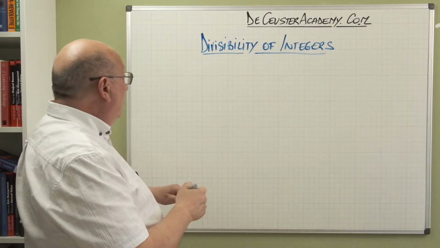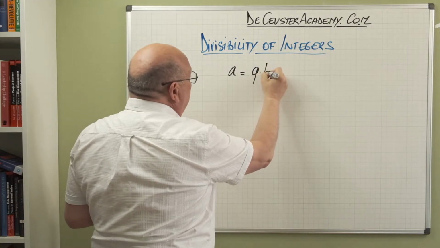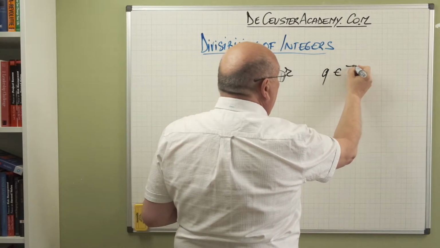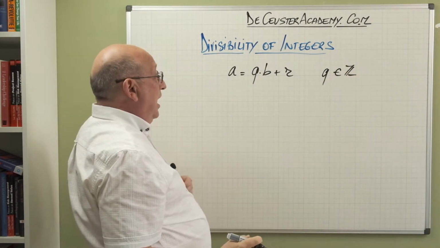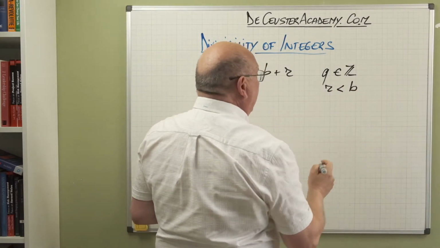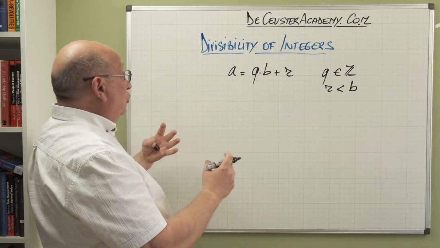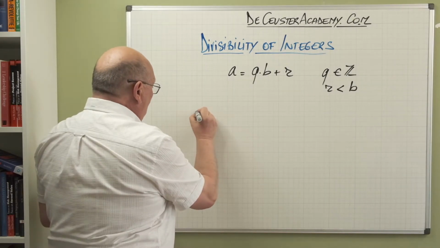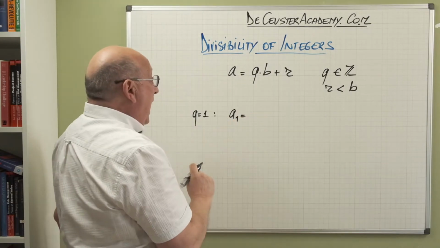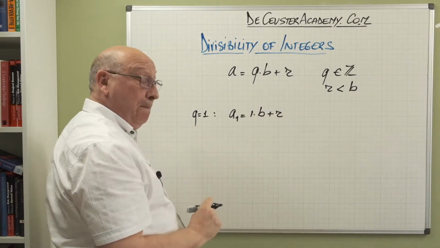Based on what I said before, I could write a equal to q times b plus r, where q is an integer, r is also an integer, and r is smaller than b. Now when I look at this, I can start with q equal to 1. When q is equal to 1, I call this a1, and I can say this is 1 times b plus r.